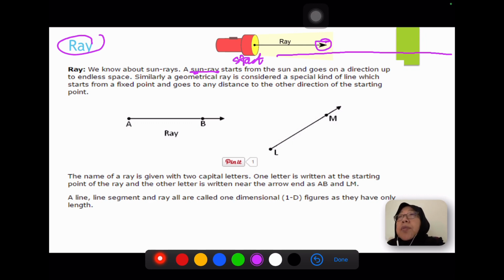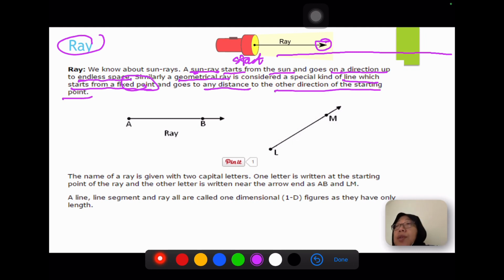So as we were saying, sun ray starts from the sun and it goes in a direction up to endless space. When we talk about geometrical ray, we consider a special kind of line which starts from a fixed point and goes into any distance or any direction, but in a straight line.